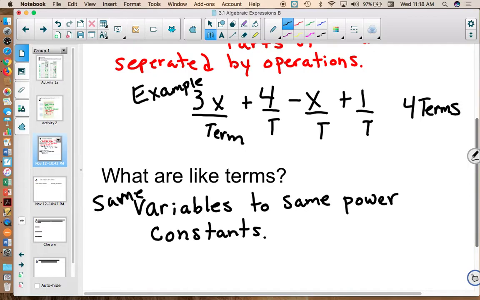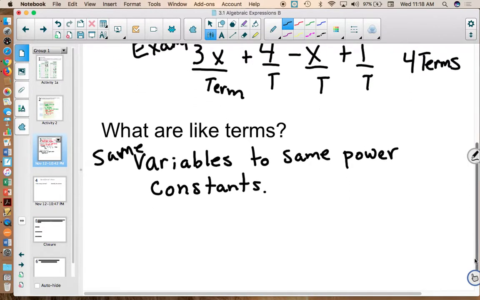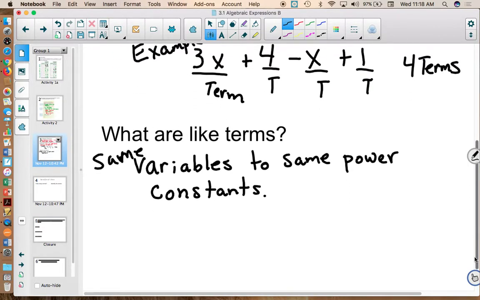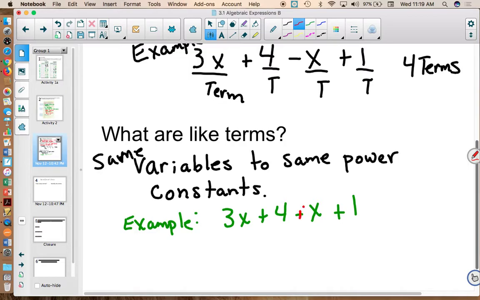So if we go with our example up there, we've got our 3x plus 4 minus x plus 1. Now earlier we said always change subtraction to add opposite. So I'm going to go ahead and do that.